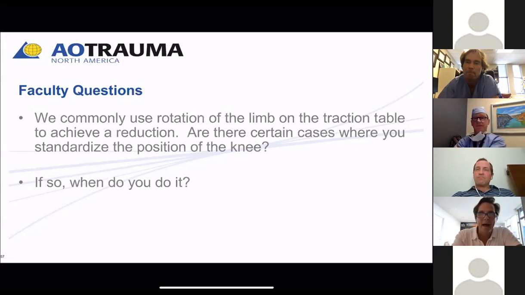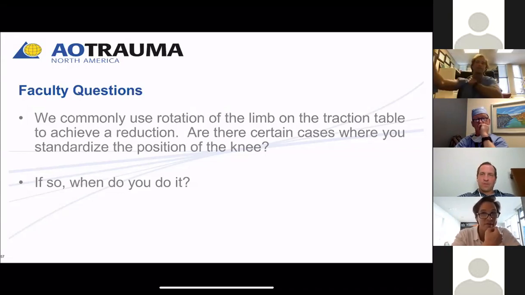So I do like to get the knee in a standard position at some point during the surgery so that I can interpret the rotation of the limb that I've created, the anteversion, relative to the implant. However, I find, as you've said, you have to rotate to get it reduced.